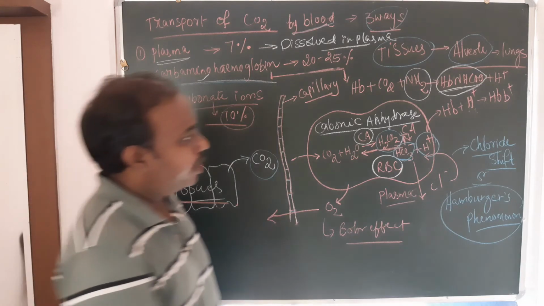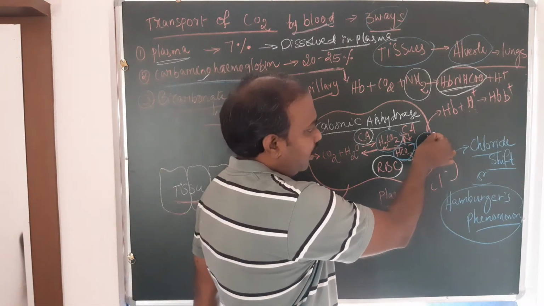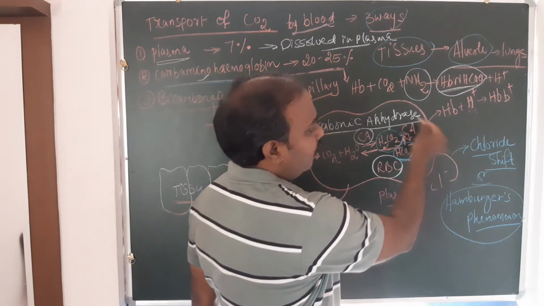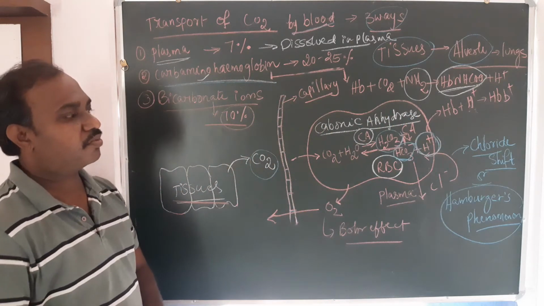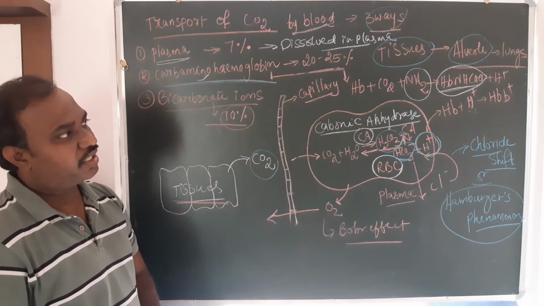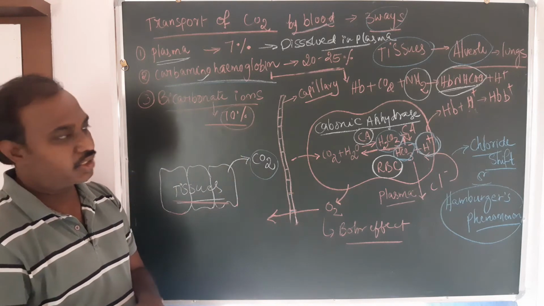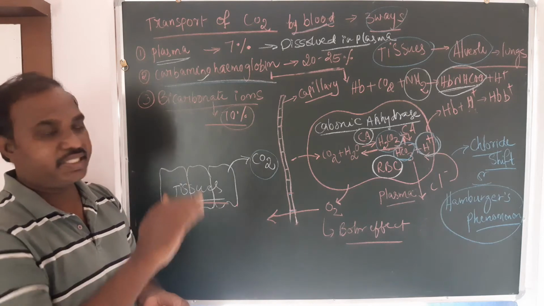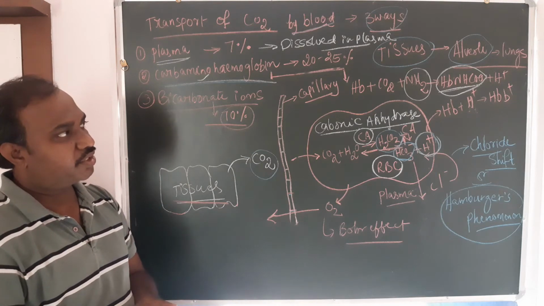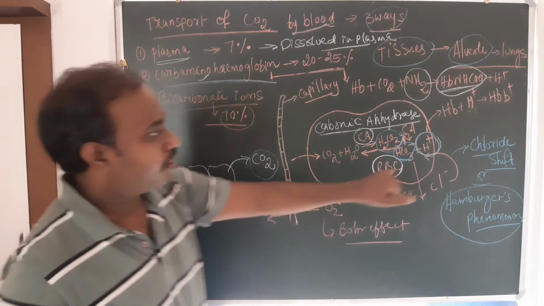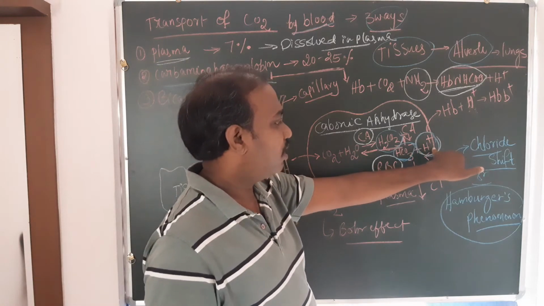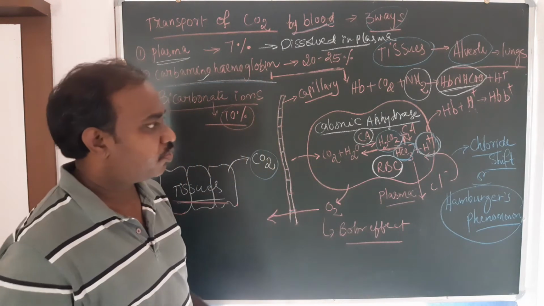And you see, this hemoglobin also works as a buffer. What does that mean here? It maintains the blood pH. How does it do that? We have more H plus ions being produced here.